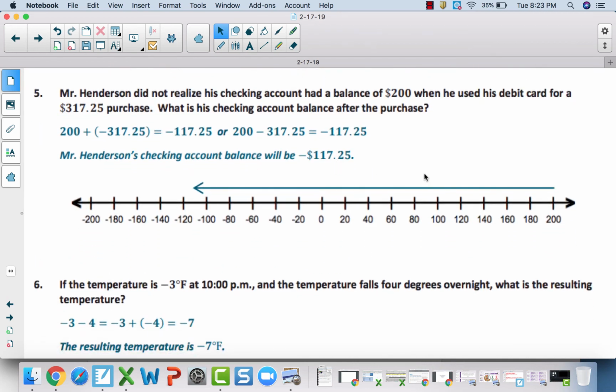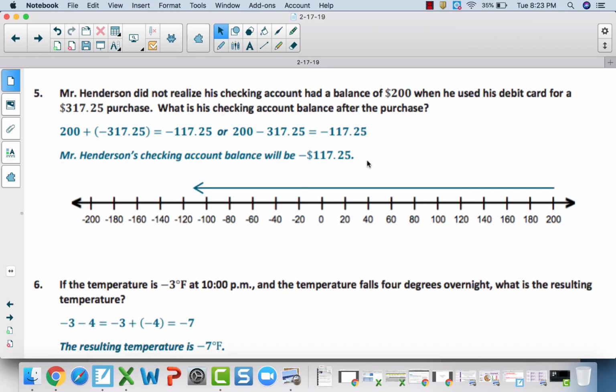For number 5 here, a balance of 200 is a positive and a debit is a negative. So I'm at 200 plus negative $317.25. That leaves us at negative $117.25. So Mr. Henderson's checking account balance here is actually going to be in the negatives, meaning he's going to owe money.